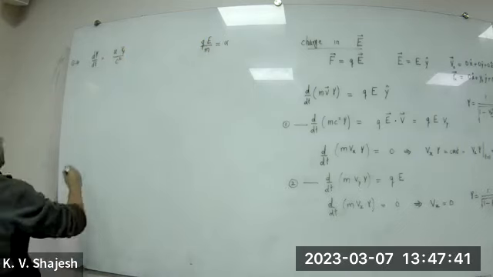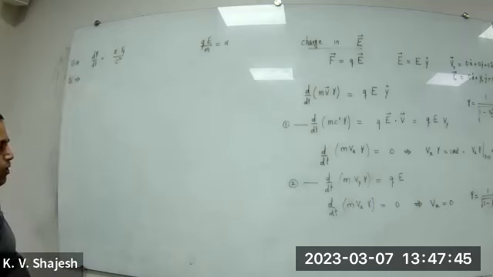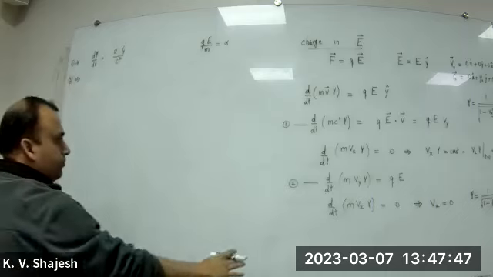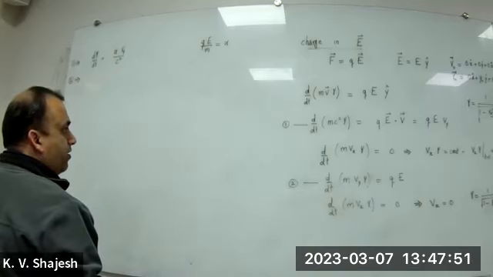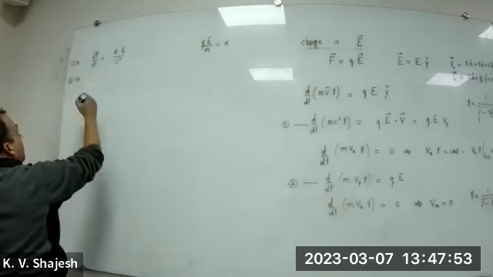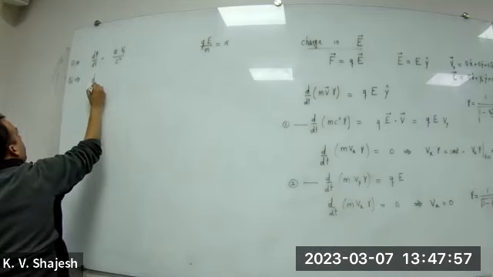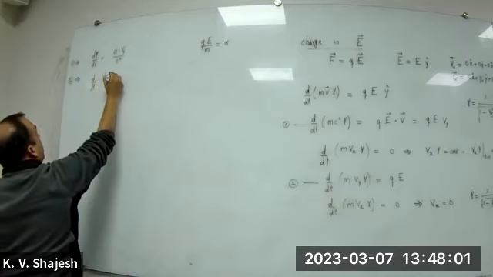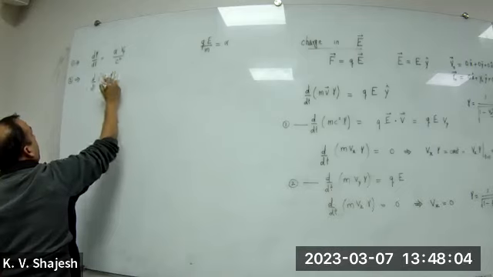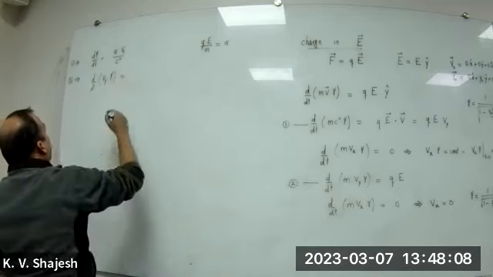The second equation in the same way is equal to this down here. So it is d by dt of Vy times gamma is equal to alpha.